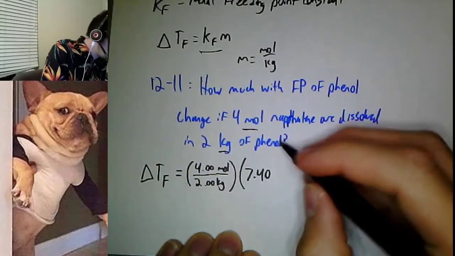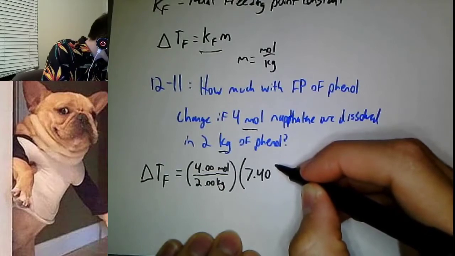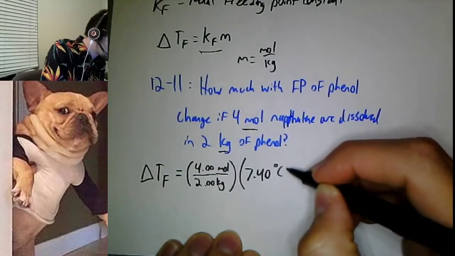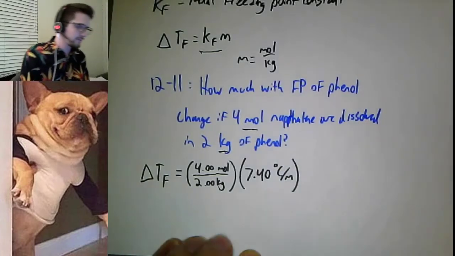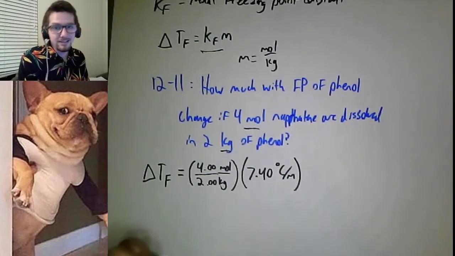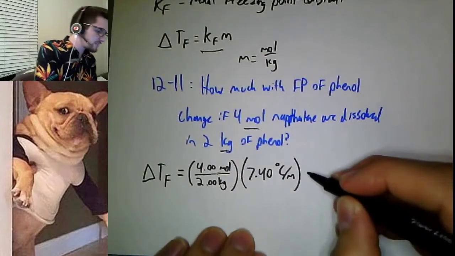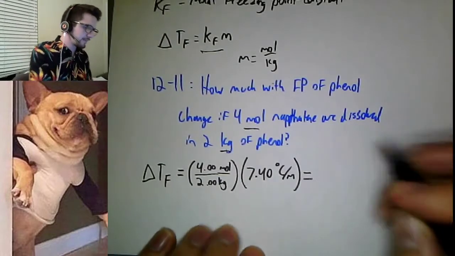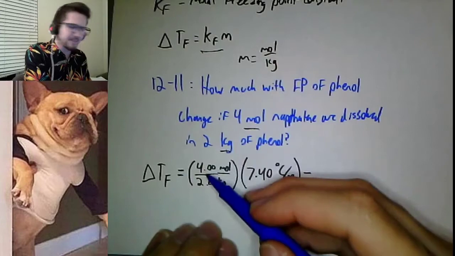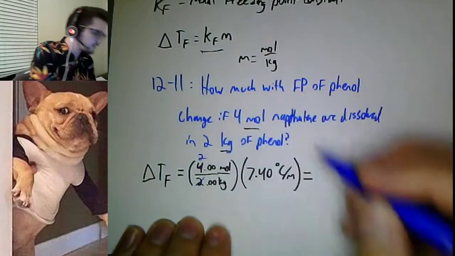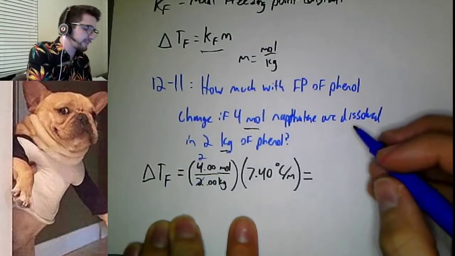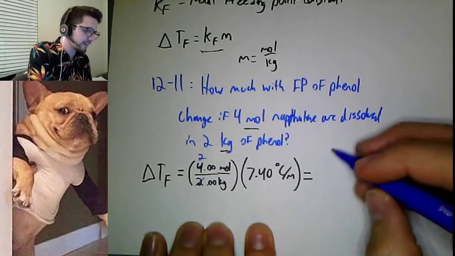Just the blessings keep pouring on out. So, there we go. It looks like all we have to do is multiply. So, I can simplify this. What's 4 divided by 2? It's just a 2. So what's 2 times 7.40? You might be able to do that in your head.